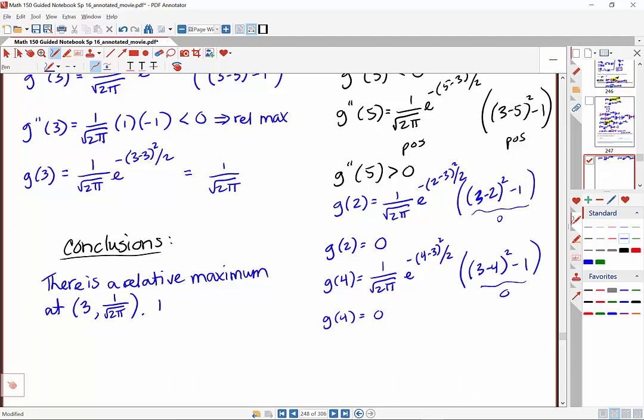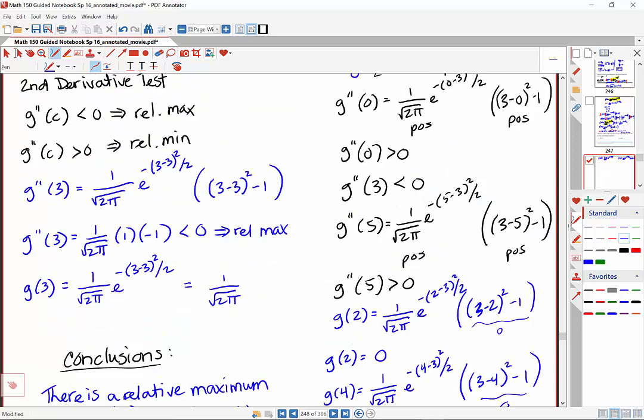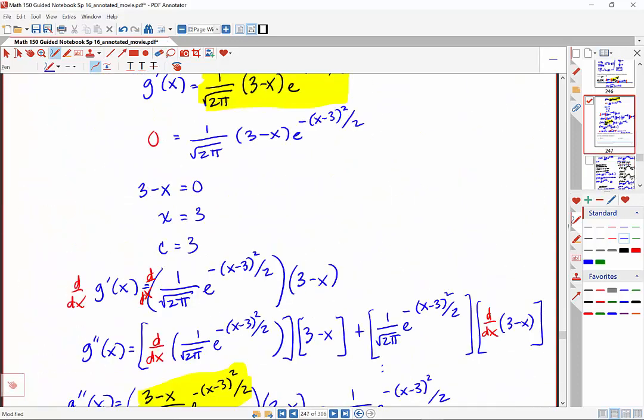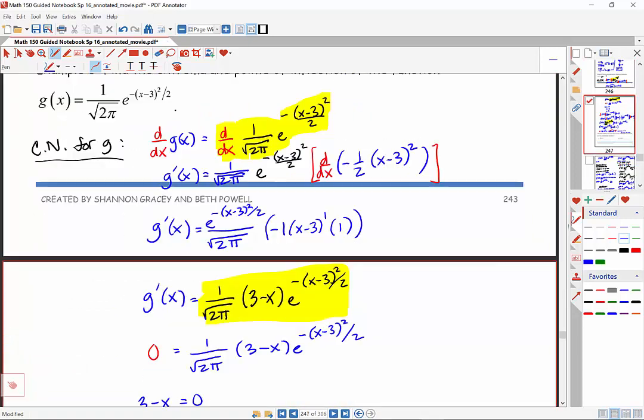And the 2 points of inflection occur at (2, 0) and (4, 0). And then let's make sure we answered everything. We needed to find, yes, the extrema and points of inflection. So we're good to go. Yay, yay.